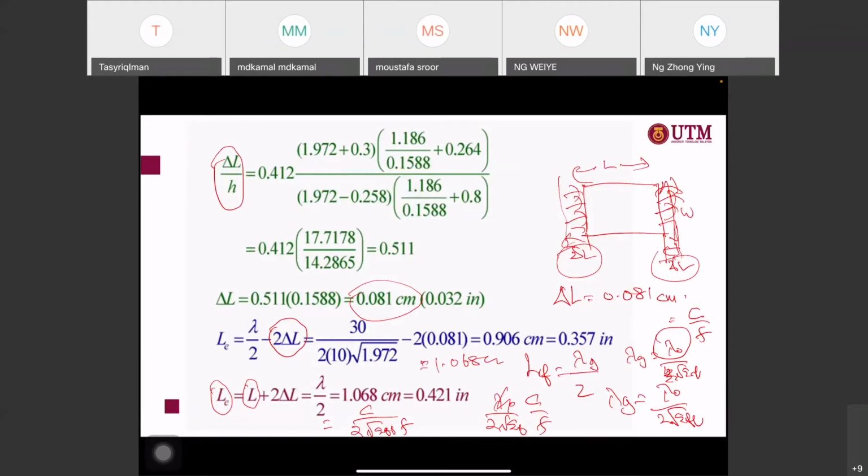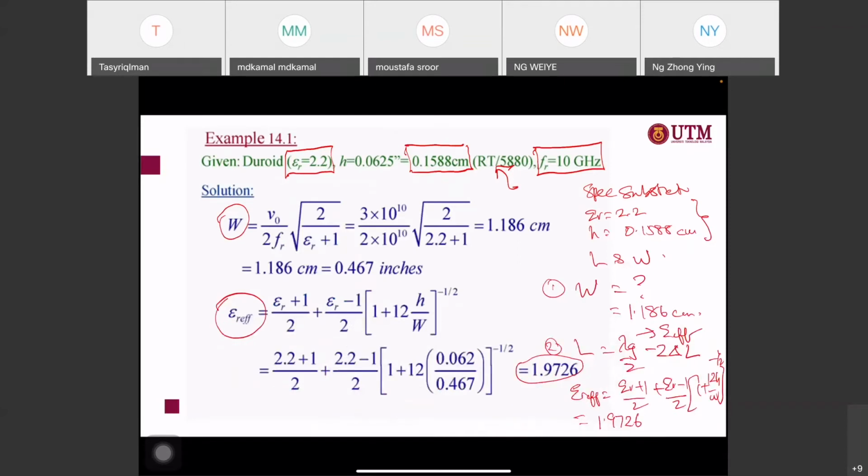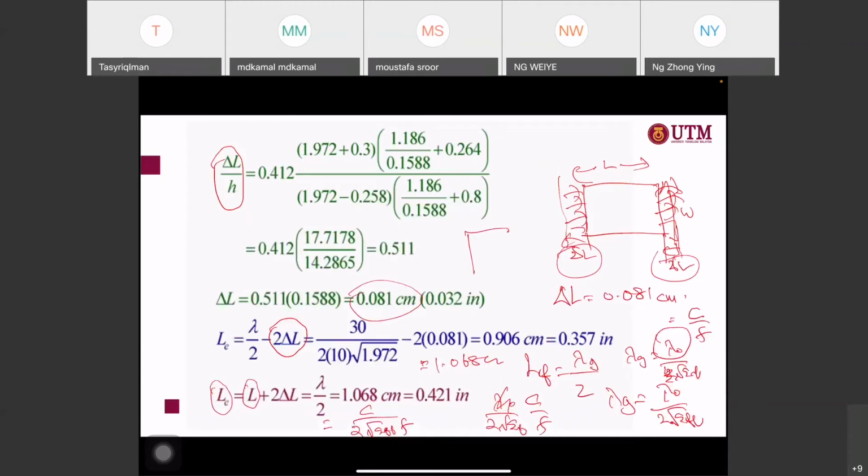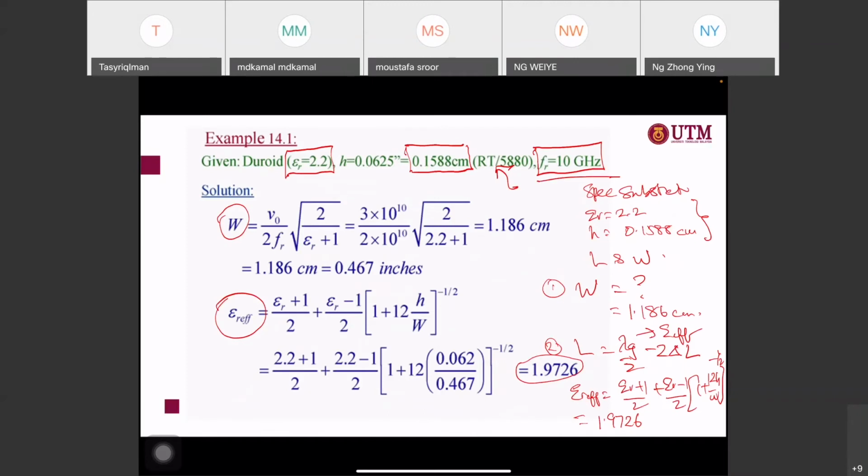So your W is 1.186 and L is 1.068 centimeter. This is the patch that will be operating at 10 gigahertz.